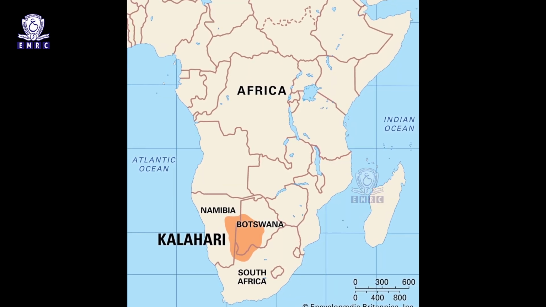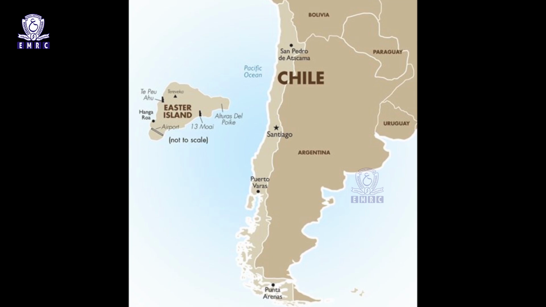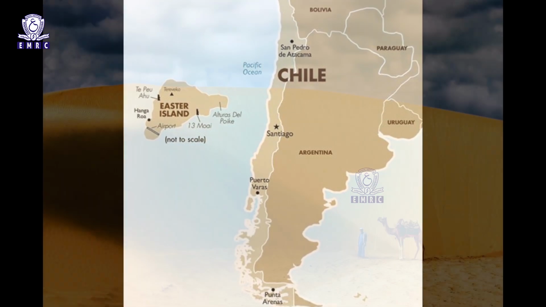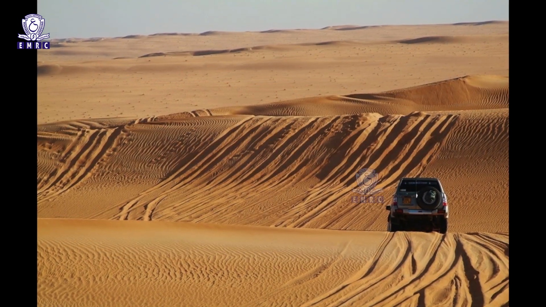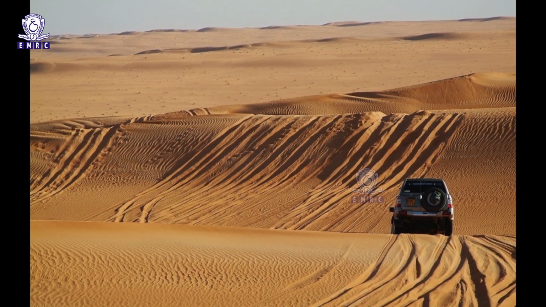This is why hot and dry tropical deserts are found in the western parts of the continents within the latitudinal zones of 20 to 30 degrees in both the hemispheres. For example, Sahara and Kalahari in Africa, Chile and Peru desert or Atacama desert in South America, Arabian and the Thar desert in Asia, deserts of southwest United States of America and the Australian deserts.